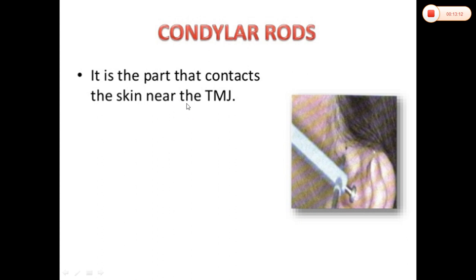These are the parts which contact the skin near the temporomandibular joints. The temporomandibular joints lie in front of the tragus of the ear. This is the tragus of the ear. In front of the tragus, in this area, we can palpate the condylar heads. So the condylar rods are placed into the external auditory meatus near to the condylar heads.